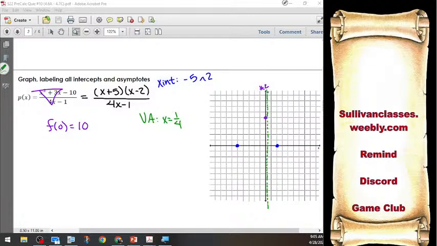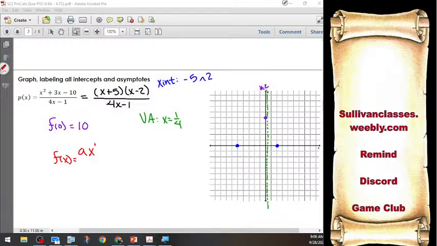What about my horizontal asymptote? Depends on the degree, doesn't it? Do you remember the rules? The rules state if I have f of x is a x to the, do they do m over n or n over m?